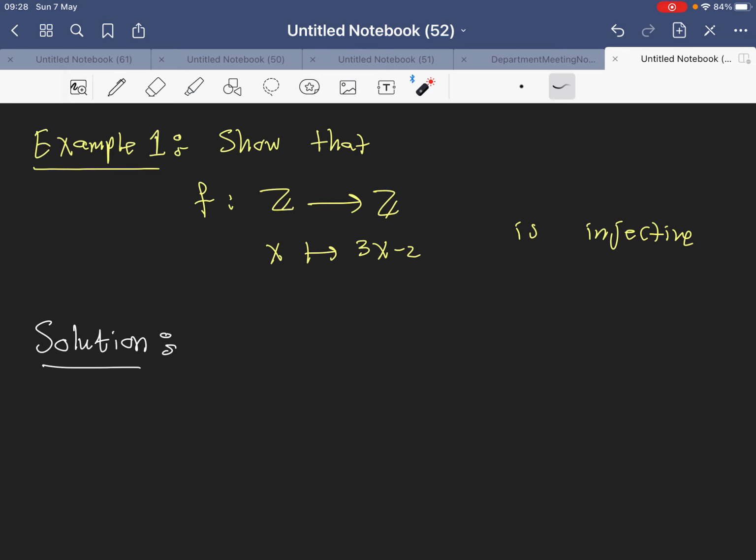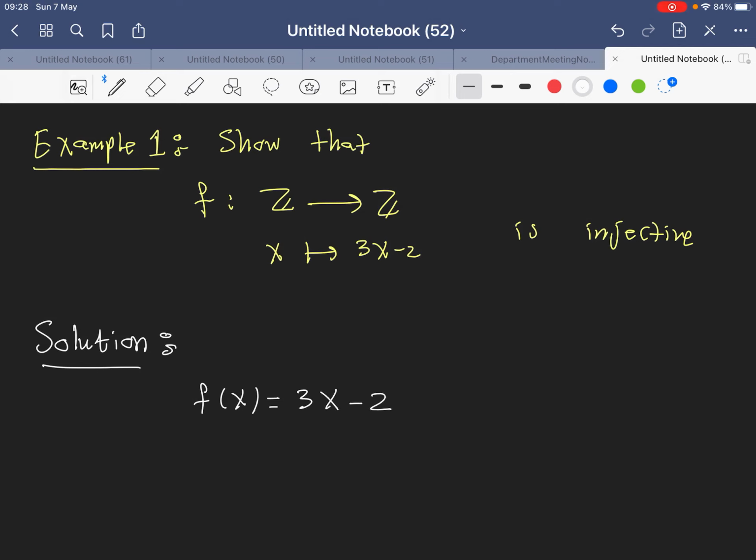Example 1 is telling me that I need to show that a function from the integers to the integers, taking x as an input and giving me 3x minus 2 as an output, is injective. So if we write it in the usual function notation, f of x is just 3x minus 2.